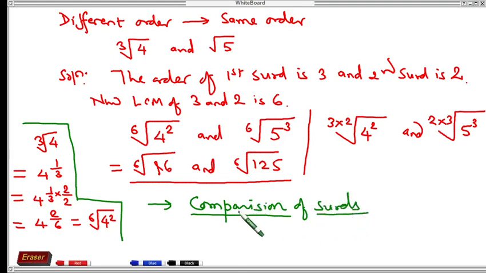In this case, dear students, if the surds have the same order, you can compare.